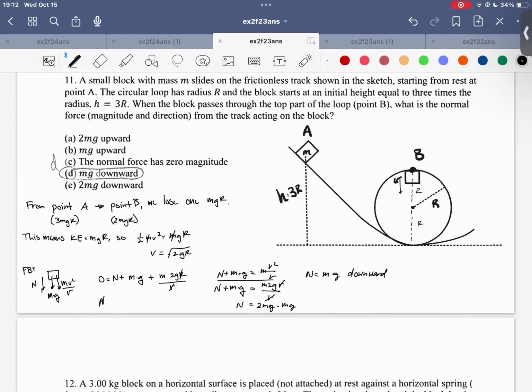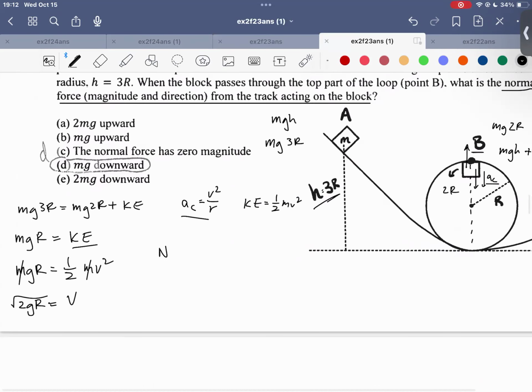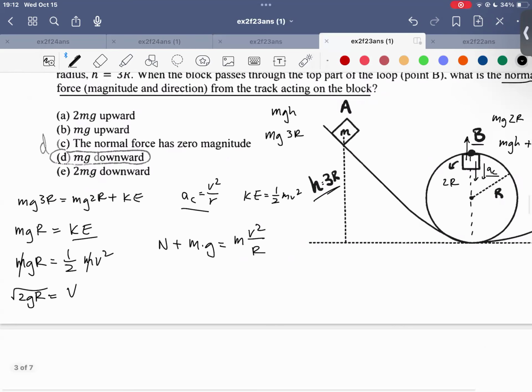So from here we can say this, right? And so then when we plug it in, we have this.